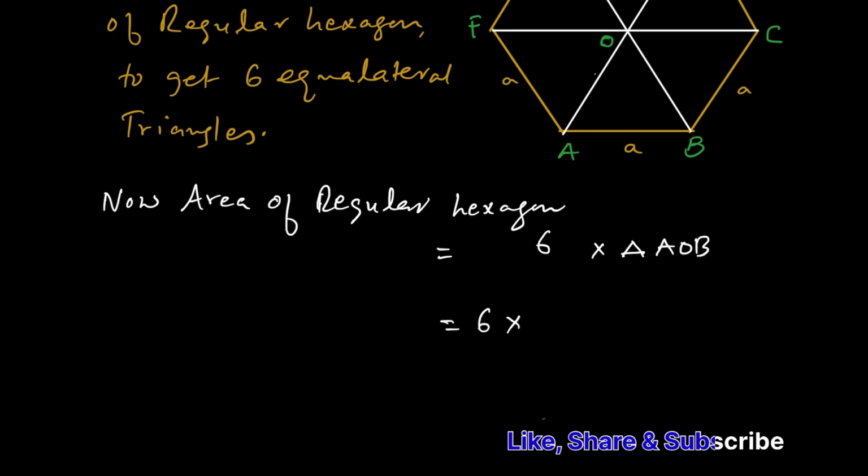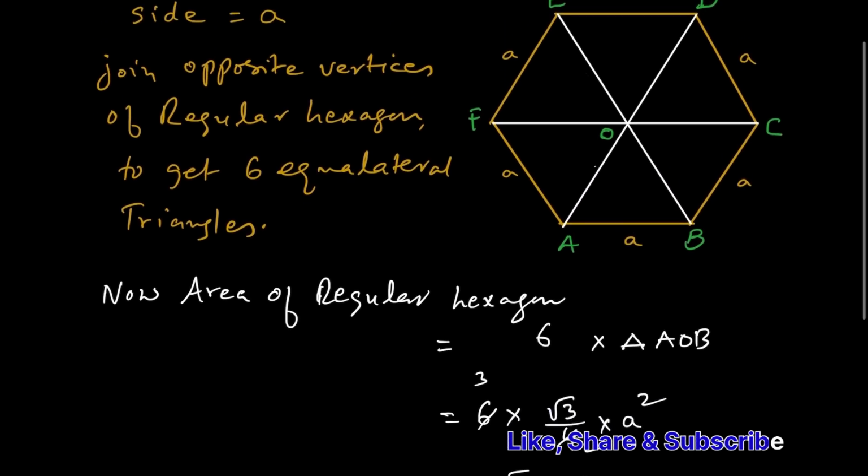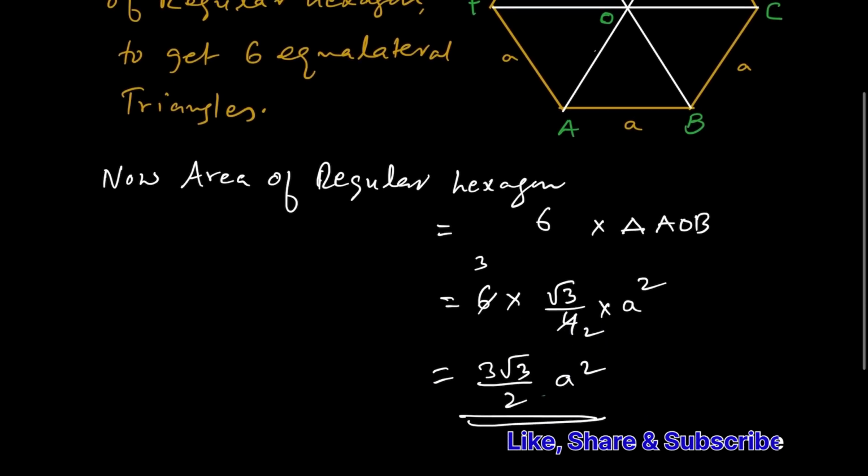What is the area of equilateral triangle AOB? Root 3 by 4 into side square. Side is a. Now multiply: 6 times root 3 by 4 is 3 root 3 by 2. This is the formula for a regular hexagon ABCDEF: 3 root 3 by 2, a square, where a is its side.